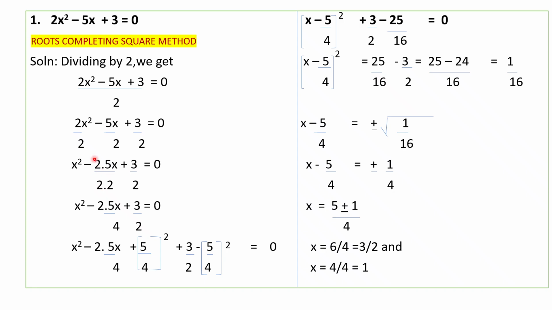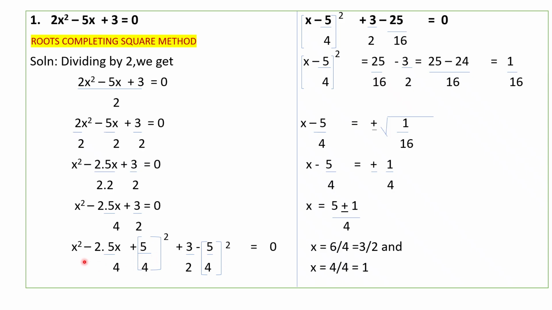Because it will make no change. 2 and 2 get cancelled, 5x upon 2 will remain the same. So this is the reason why we multiply by 2 only: because we have to make the square. In a plus b whole square, the middle term is plus 2ab. In a minus b whole square, the middle term is minus 2ab. So 2 is there; for that reason we are using 2. Okay, so we have reached till here.